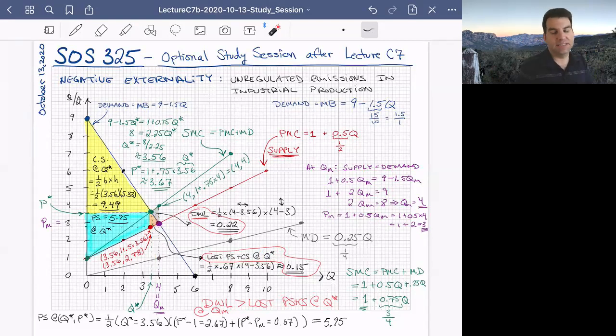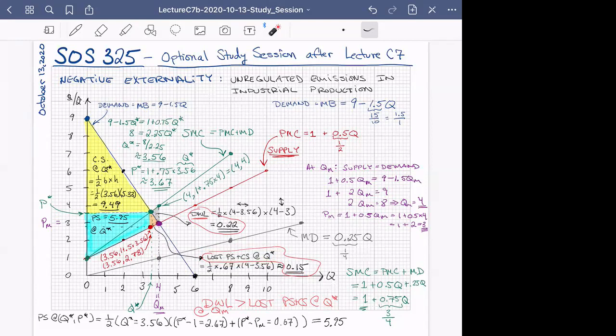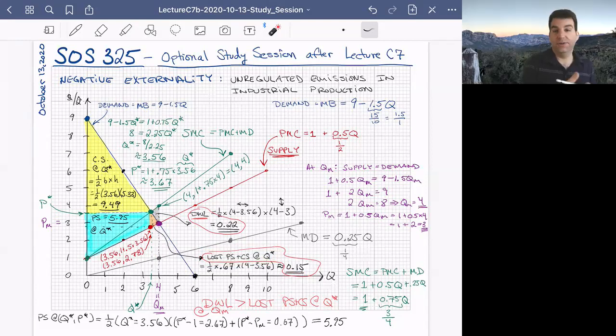So when you produce less, you're going to lose this amount here. And so the question is, what's better? To lose the surplus and also lose the pollution, or to gain the surplus but also gain the pollution? And what this analysis suggests is that the pollution is actually worse than the lost surplus.